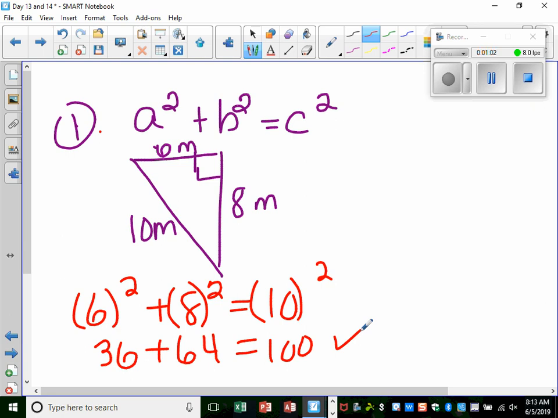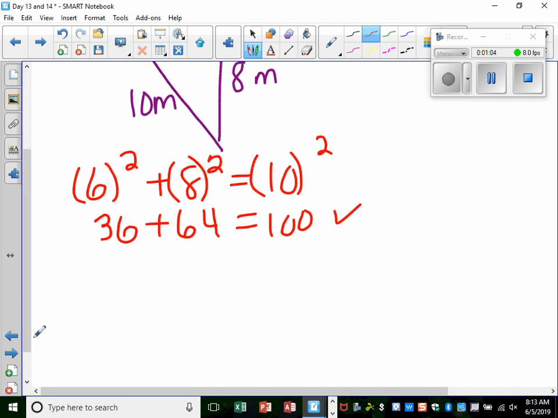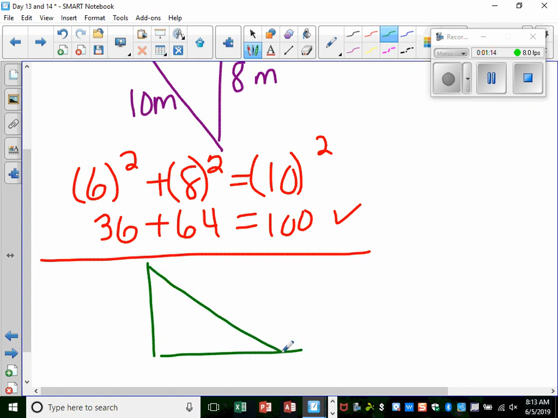Now let's go down to section 2. In section 2, this is question number 5. They give you A and B, but they do not give you which one?